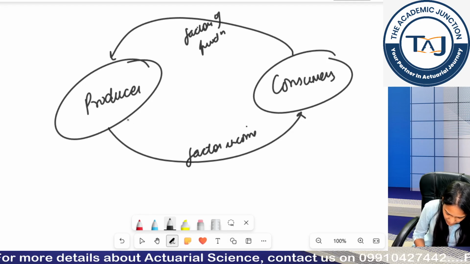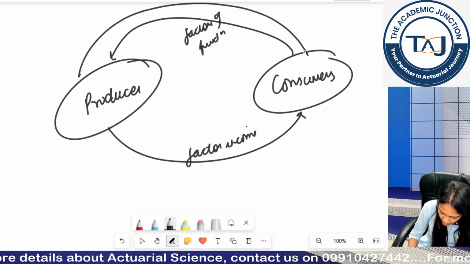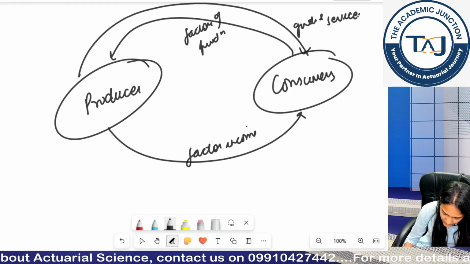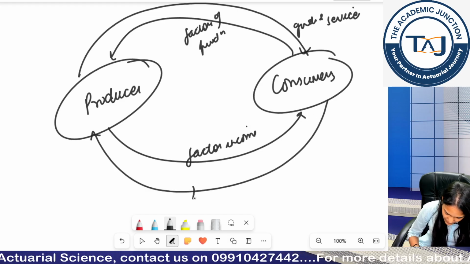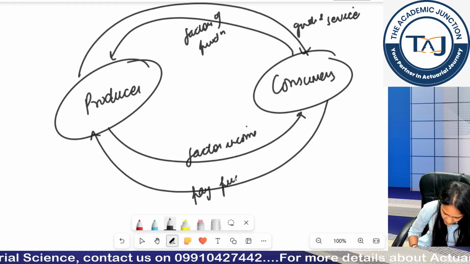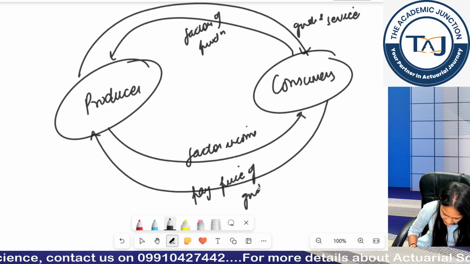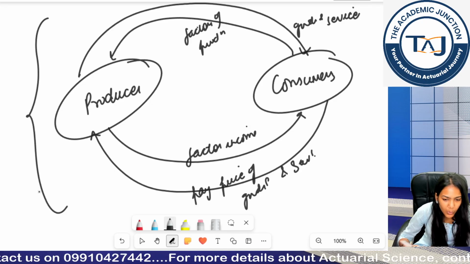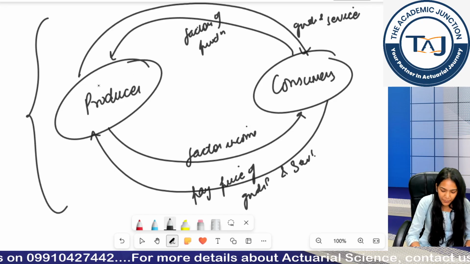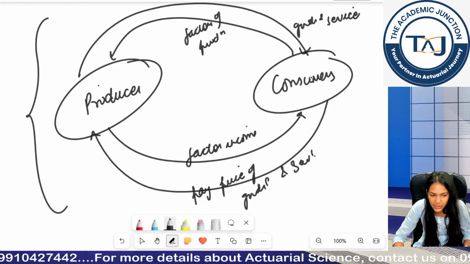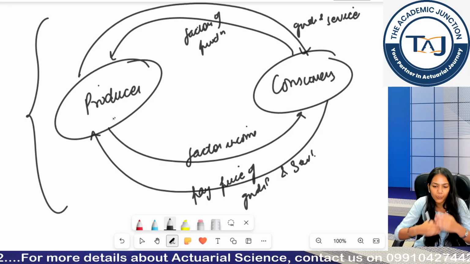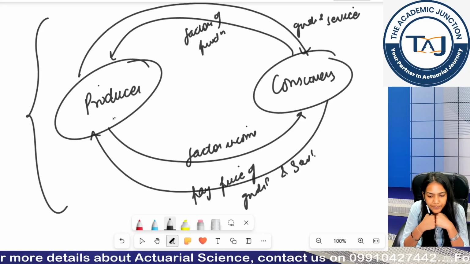Similarly, producers provide consumers with goods and services, and in return of that consumers pay price of goods and services. So this is basically your circular flow of income. The income from producer is going to consumers, and from consumers it is going to producers. That's why my money moves in a cycle.